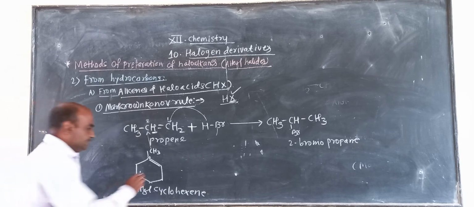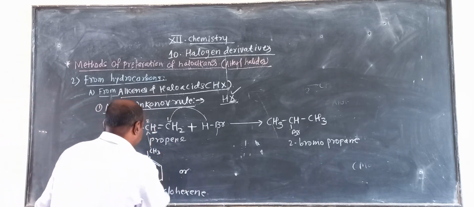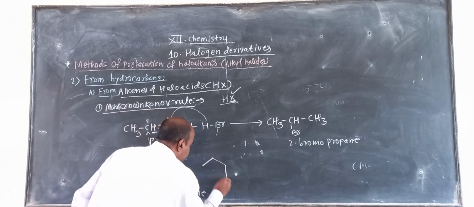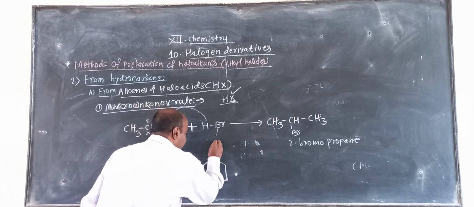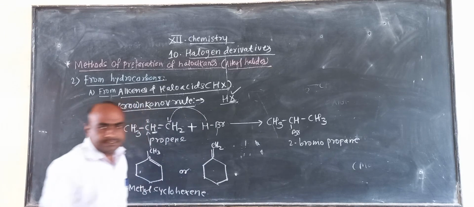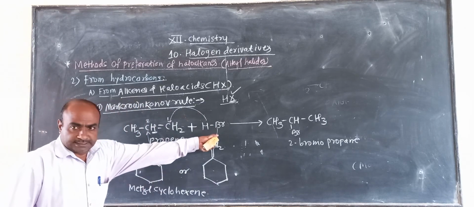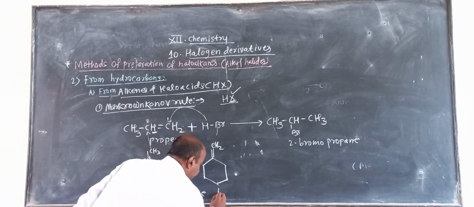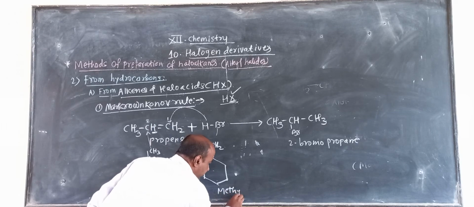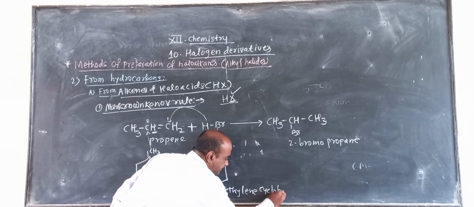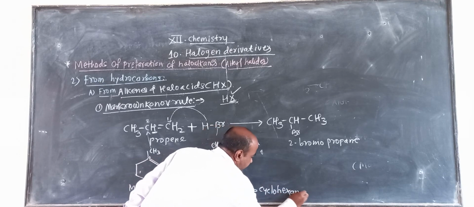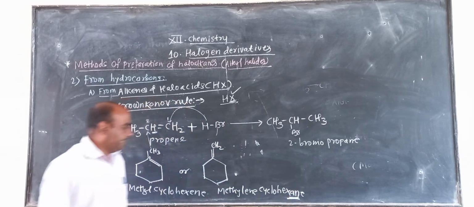Or instead of that, if you take cyclohexane double bonded with a CH2 group, the name of this compound will be methylene cyclohexane, not cyclohexene, methylene cyclohexane.